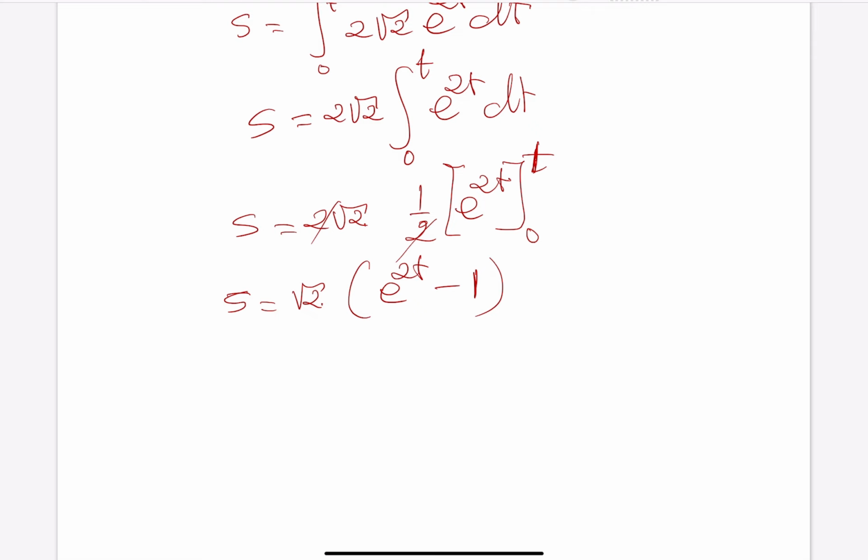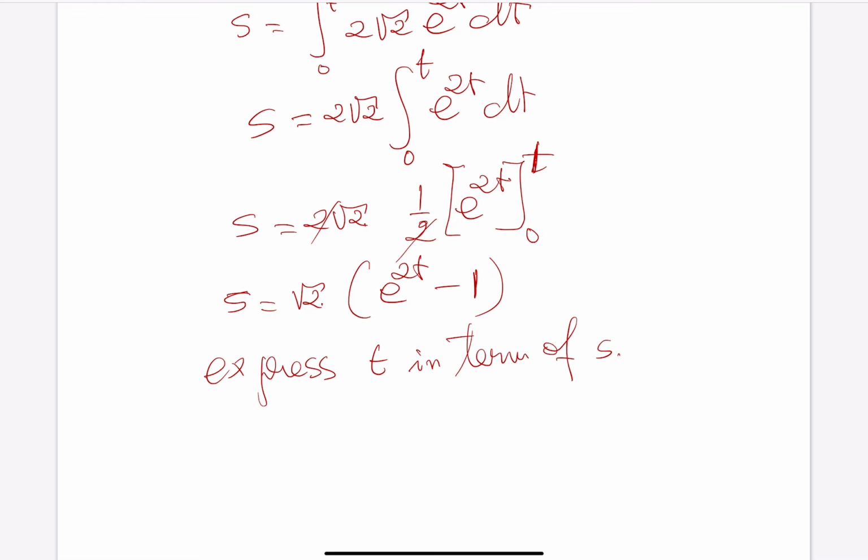Now the question, if you read carefully the question, it says reparameterize, right? So we have to express t in terms of s.